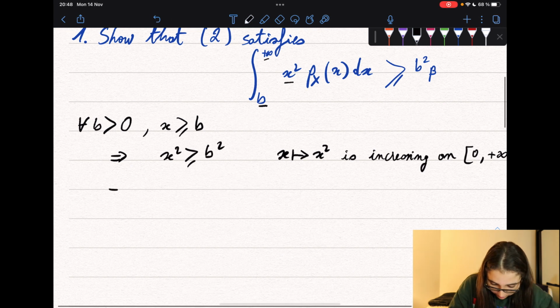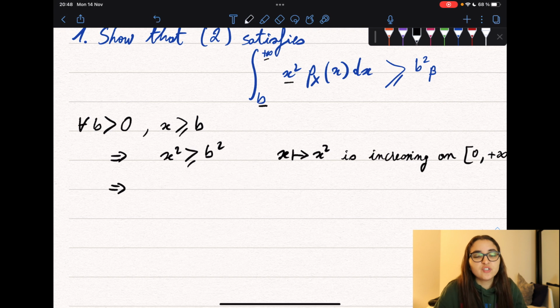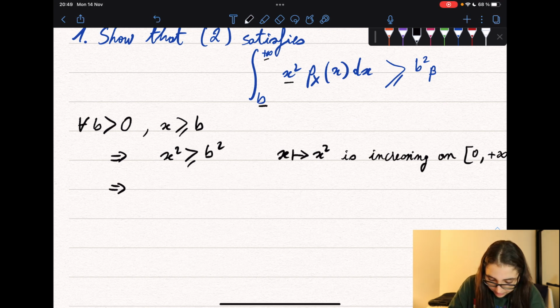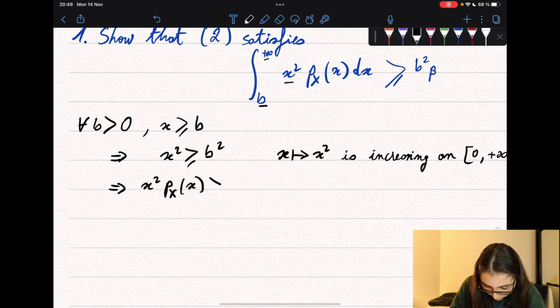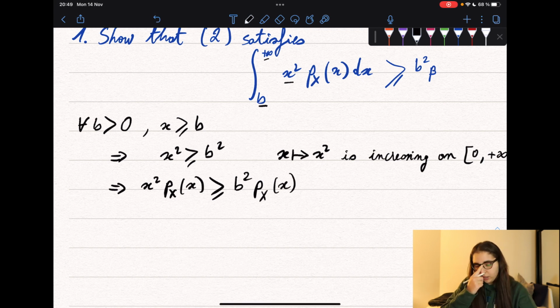From then on, we multiply with the probability density function p_x, evaluated at x. The reason that multiplying by p_x of x also doesn't change the direction of this inequality is because of the inherent definition of a probability density function.